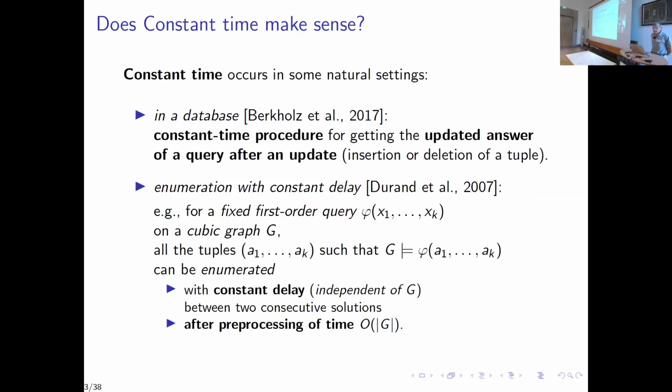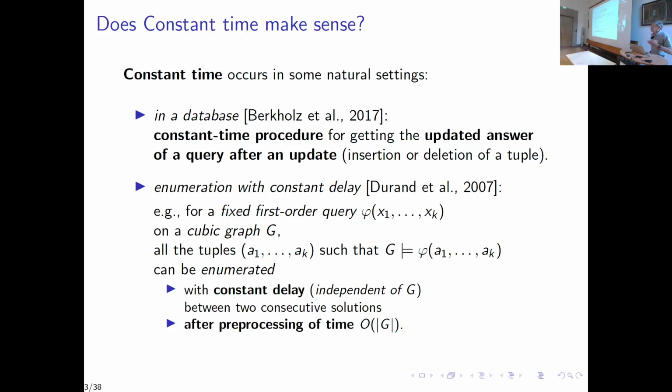it makes sense. For example, in database, you can have constant time procedure for update answers. You have given the answer, and you want to update it with an assertion of tuple. Also, in enumeration with constant delay, it has been used.